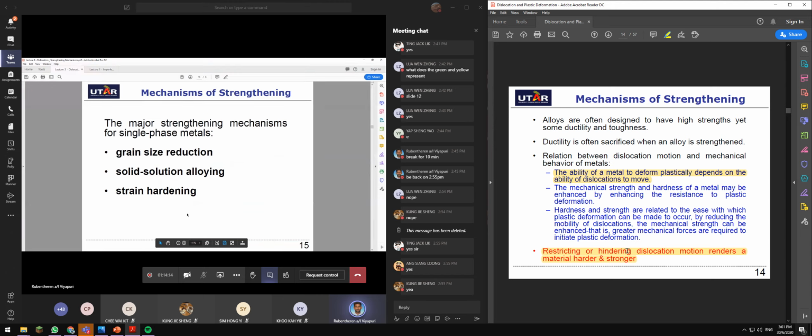Now, these are some of the strengthening mechanisms for single phase metals: grain size reduction, solid solution alloying, and strain hardening. I'm going to discuss all these three strengthening mechanisms today.